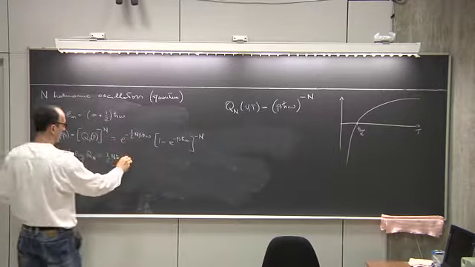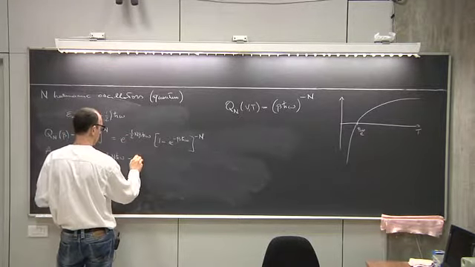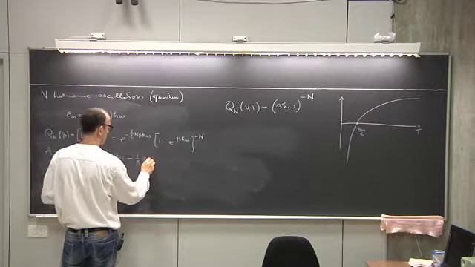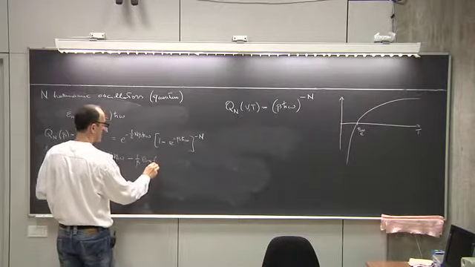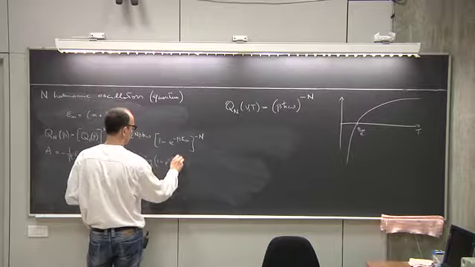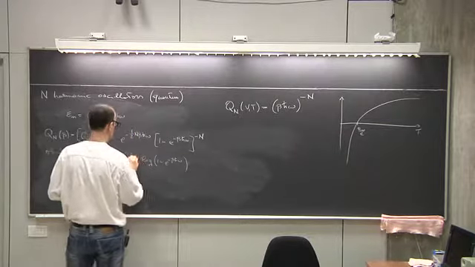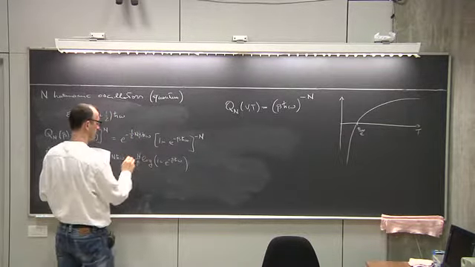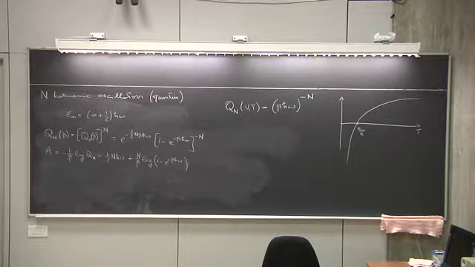This is just the log of this, minus 1 over beta, the log of 1 minus e to the minus beta h bar omega. Sorry, this is plus n.